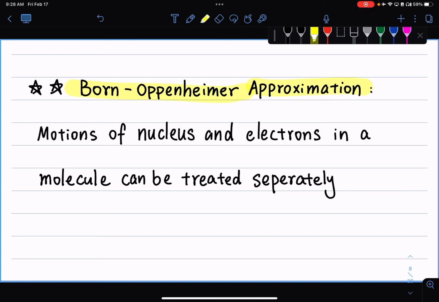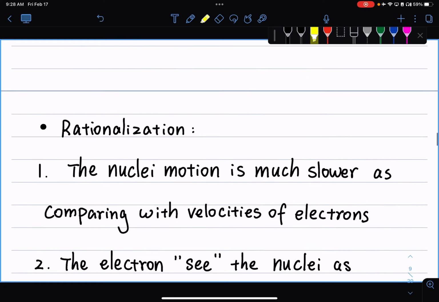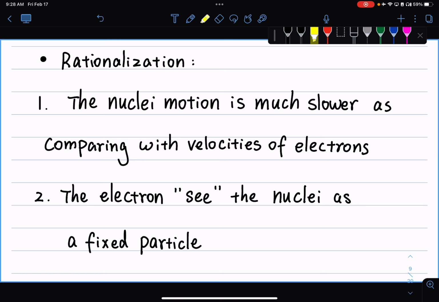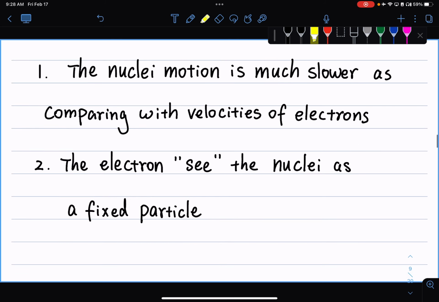We're just treating the motion separately. And how do we rationalize it? So this is the approximation itself, and then let's rationalize it to give it a little bit more insight. The insight here is that nuclear motion in a molecule is much slower compared to the velocity of the electrons.